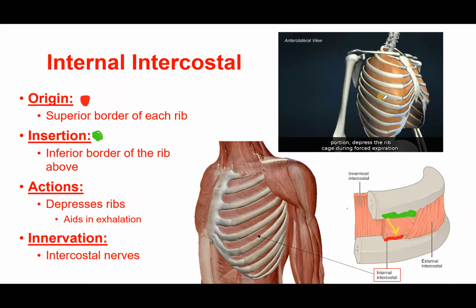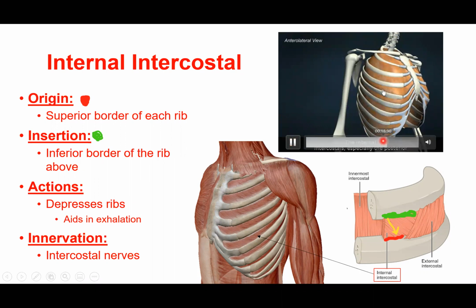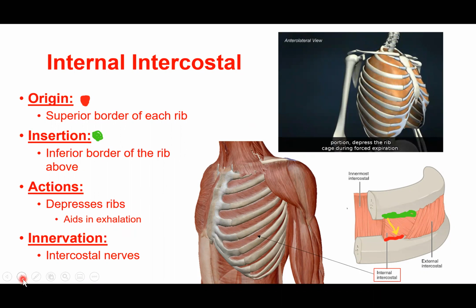So it was the exhalation that depressed the ribs. I wanted to point that out so there was no confusion. The internal intercostals depress the rib cage, especially the posterior portion, during forced expiration.